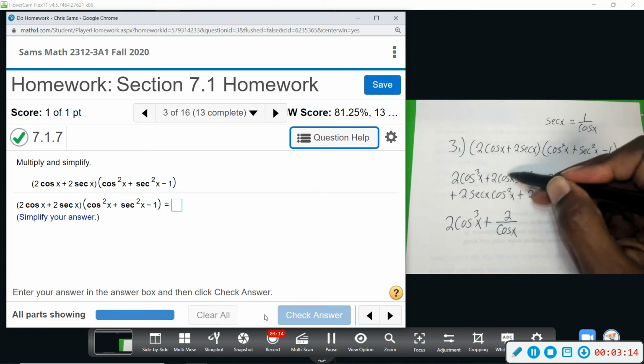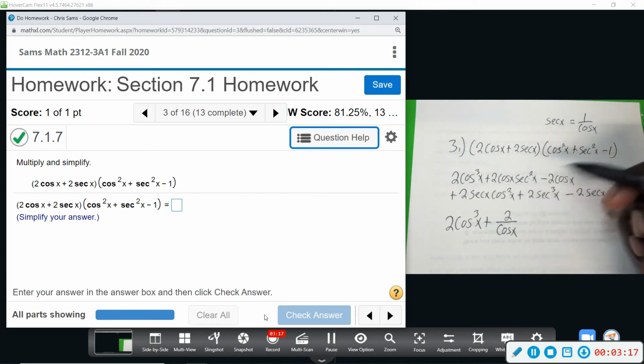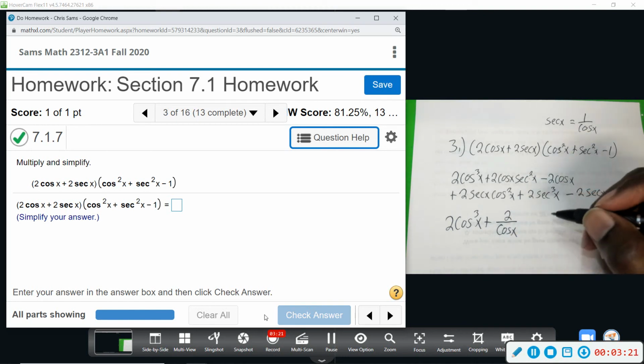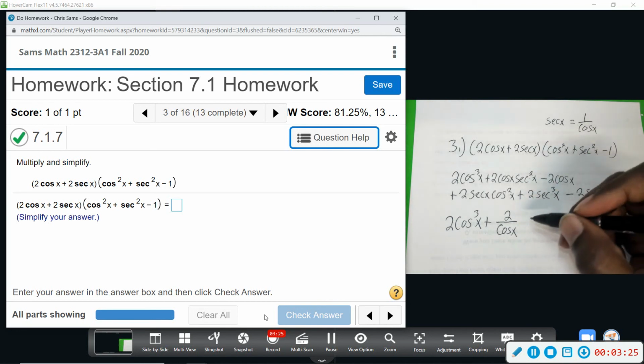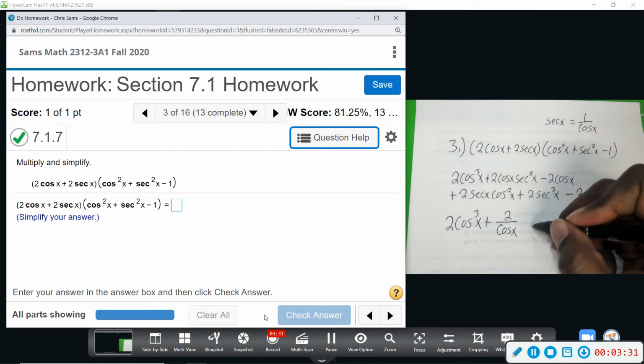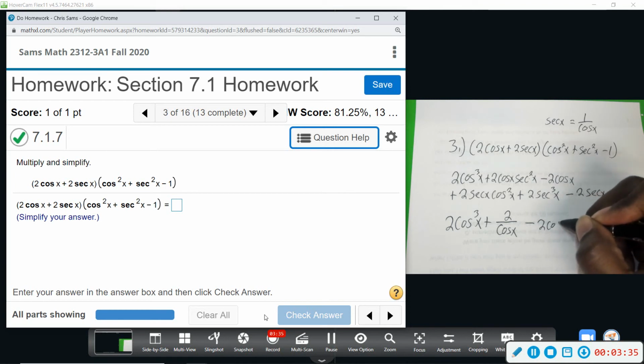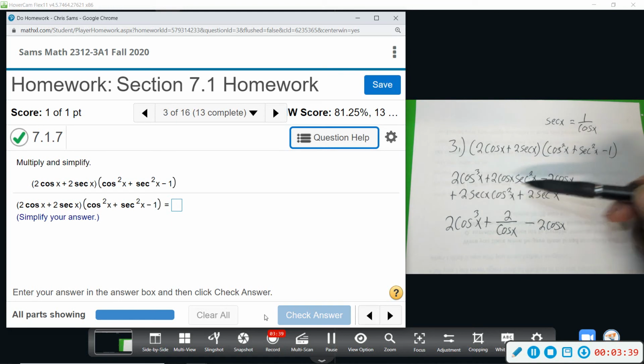Okay, so it's like cosine over cosine squared. One of them goes away. This is what we end up with. Or we can just say 2 secant, which I'll probably go back and do that. And then minus 2 cosine x. So that's that one. 1, 2, 3.